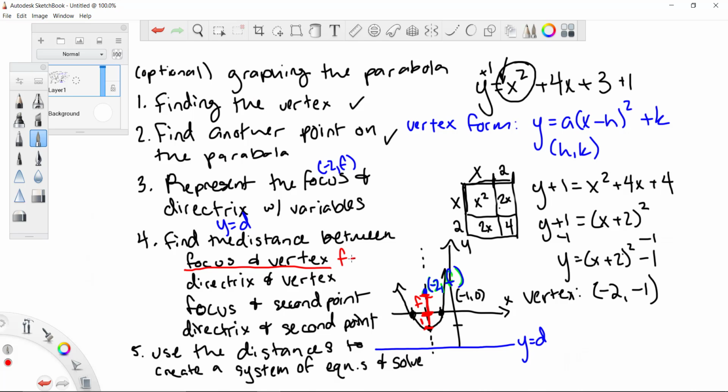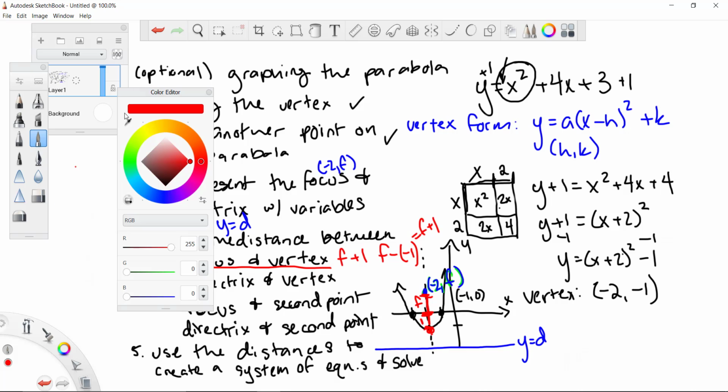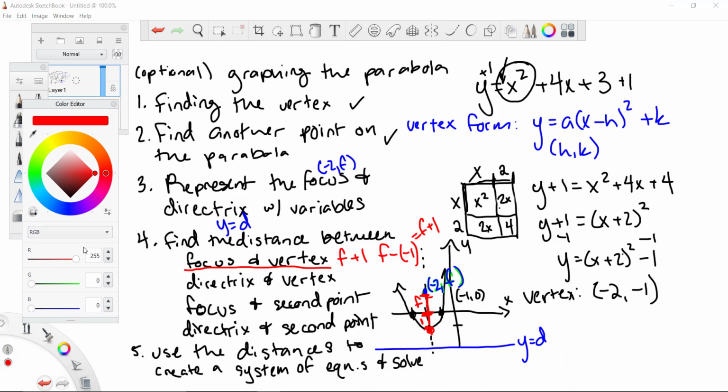So this would be f plus 1. Another way to think about it is top minus bottom. If I'm at f, I want to take away a -1, take away the lower y value. And that'll still give me f plus 1. So for our focus and vertex, the distance is f plus 1.